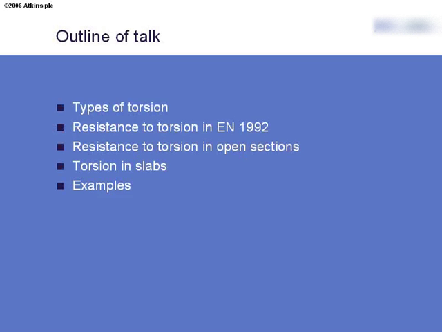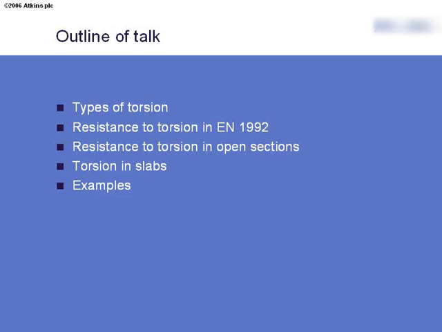So what we're going to cover here is first of all some types of torsion, because the Eurocode makes some clear distinctions between different types of torsion in its clauses. Then we're going to look at how the resistance model to torsion is built up in Eurocode 2. And then we'll look specifically at how you apply the rules to box girder sections and to open sections, such as typical M beams, pre-stressed beams.